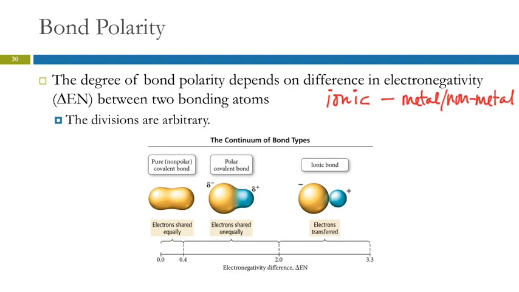So if we have a nonpolar covalent, the book sometimes uses pure covalent. I don't like that. I call them nonpolar, because we've got polar and nonpolar. Nonpolar covalent is going to happen if you have identical elements.